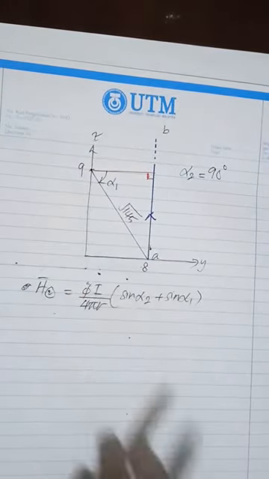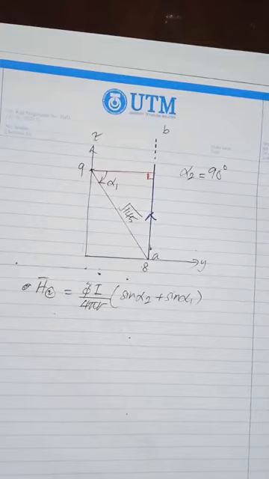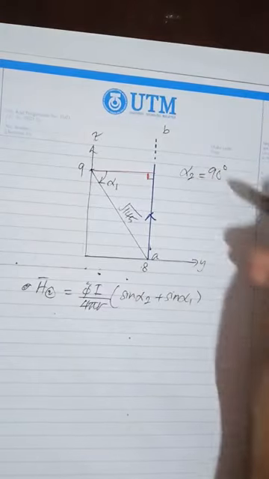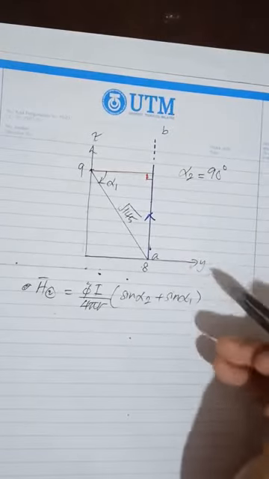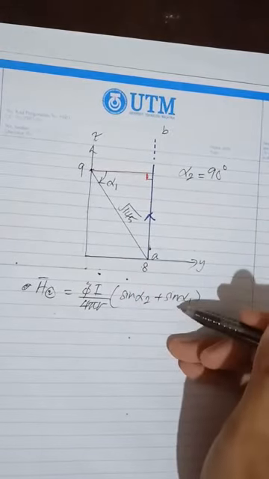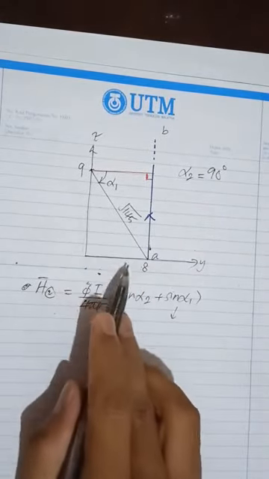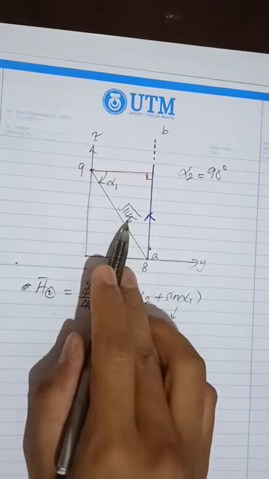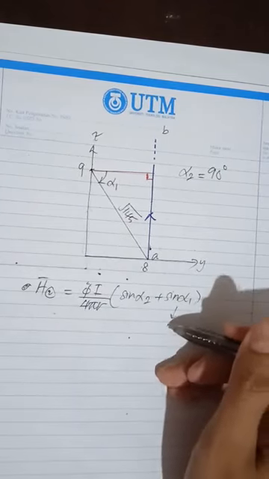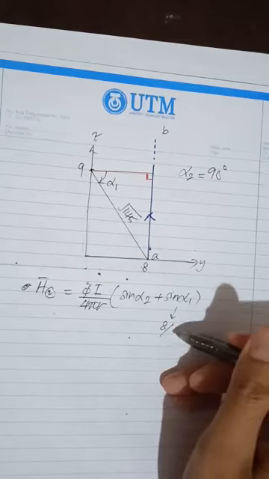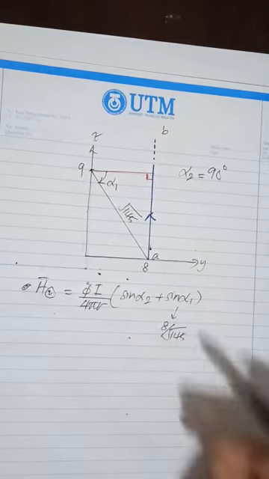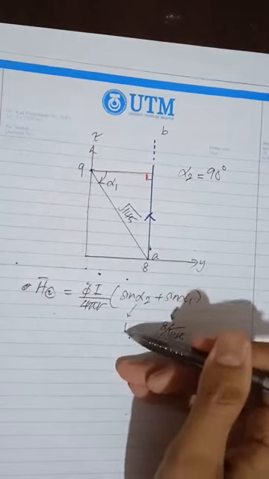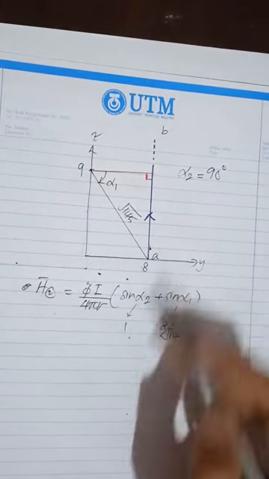That's the length of this diagonal line. So from here, the sine alpha 1 is actually 8 over the square root of 145. And here we'll have 1, because sine 90 degrees equals 1.